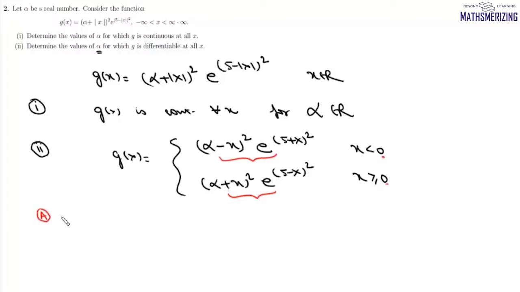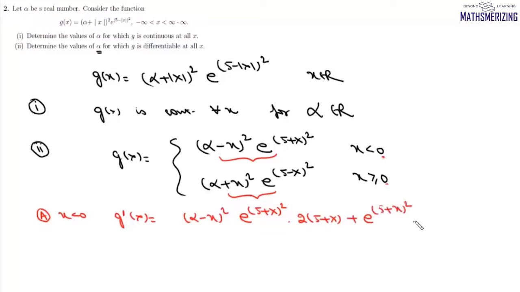So if x is less than 0, then g dash x will be (alpha - x)^2 e^(5 + x^2) into 2x, plus e^(5 + x^2) into 2(alpha - x) into minus 1.